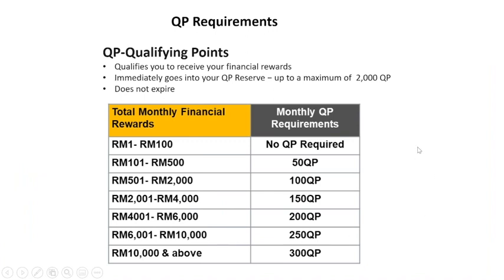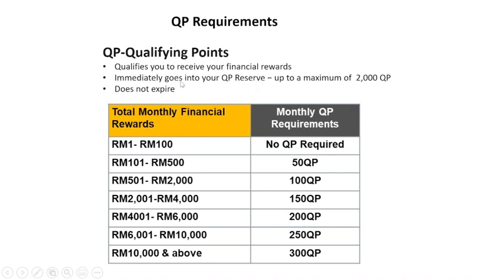But this month you earn only 5,000, which falls under here. You need 200 QP, but you already purchased 250 QP. So the system would deduct 200 QP here, and you would still have 50 QP balance. So this is not going to waste. Do not worry, you can purchase and purchase.